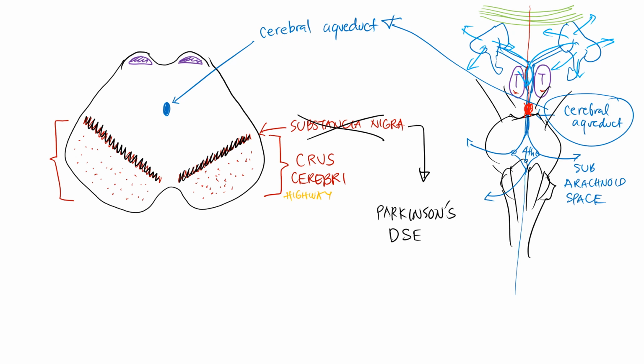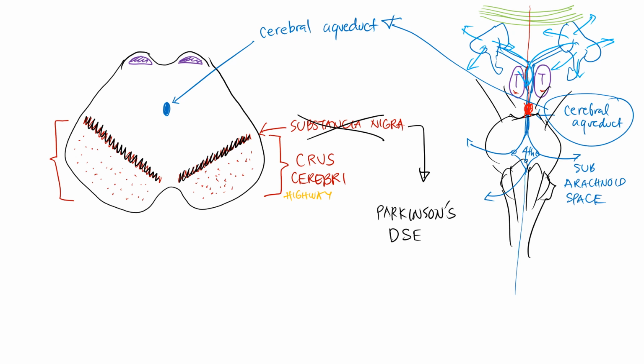Okay, you have motor fibers there, you have motor tracts or descending tracts, you have sensory or ascending or afferent tracts. Okay, so anterior to the substantia nigra, that's your crus cerebri.